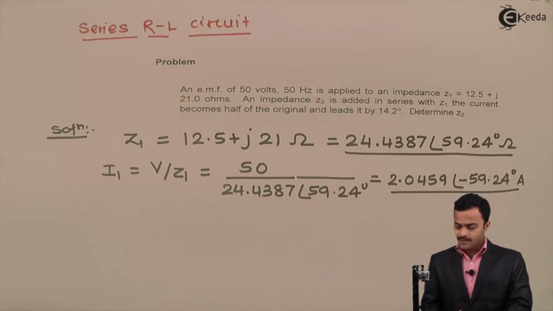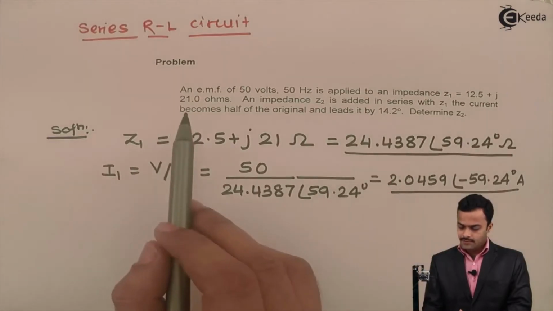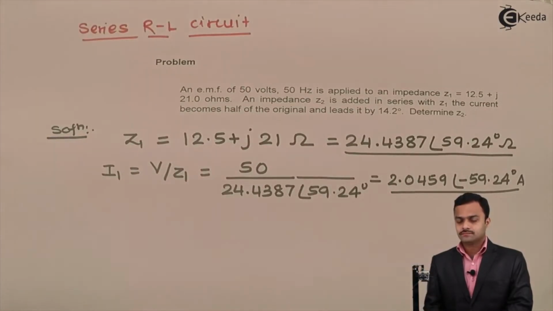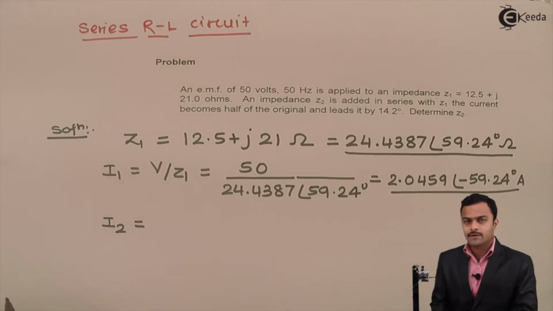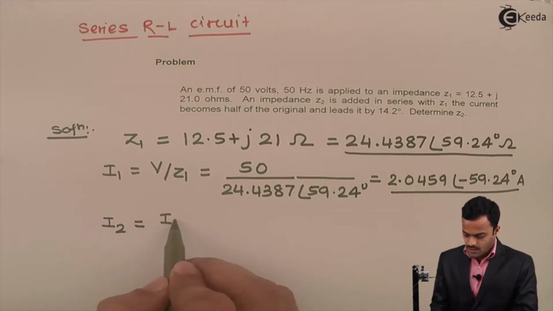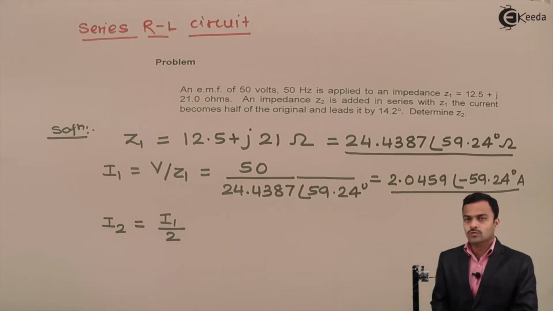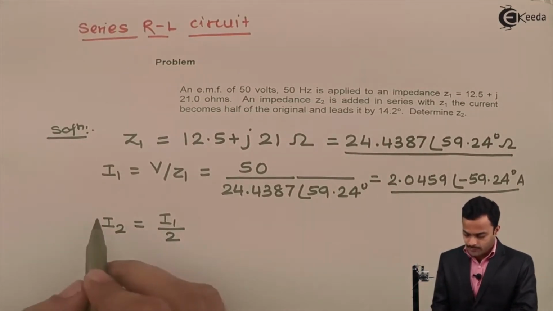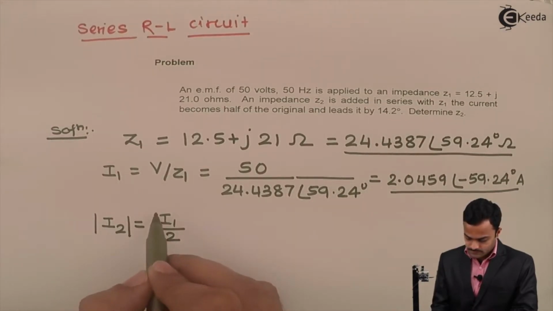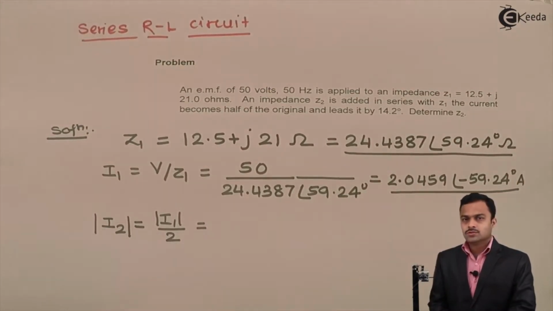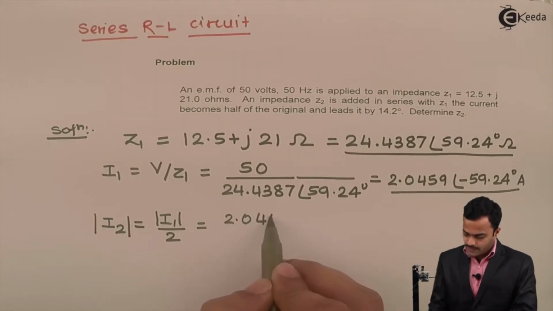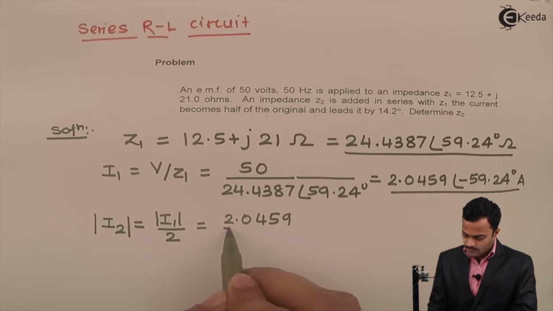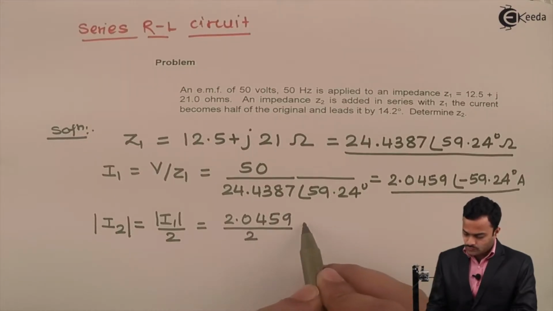Now what they are saying, an impedance Z2 is added in series with Z1, the current becomes half of the original value. So I2 will become equal to I1 divided by 2. I am just talking about the magnitude. So magnitude of I1 is 2.0459 divided by 2.